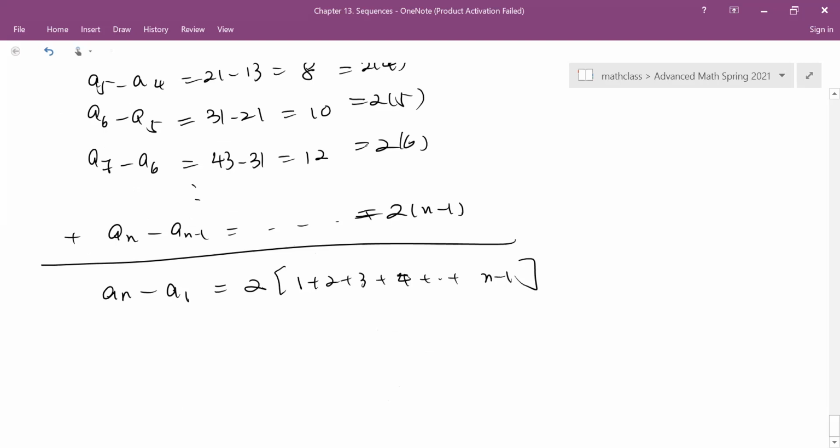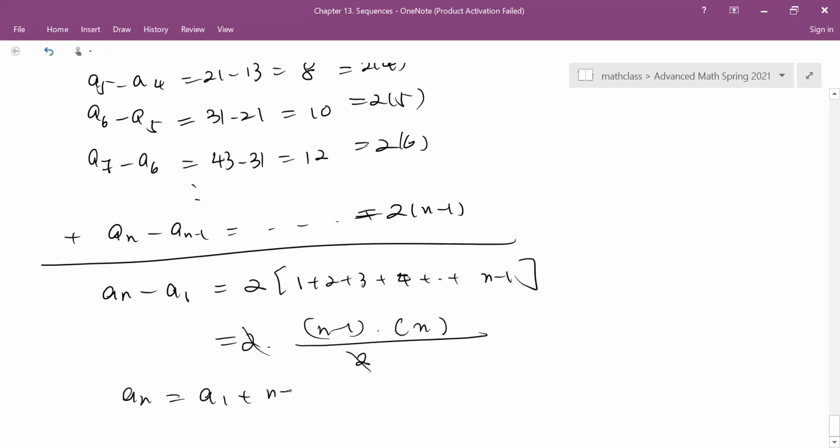Do you remember this formula, right? So here k is n minus 1, so it's k times (k plus 1), that's n, divided by 2. So the 2 cancels out. Then a1 is 1, I remember, right?